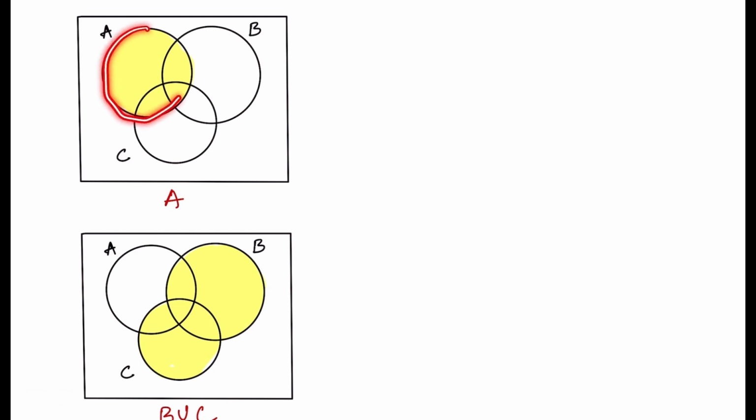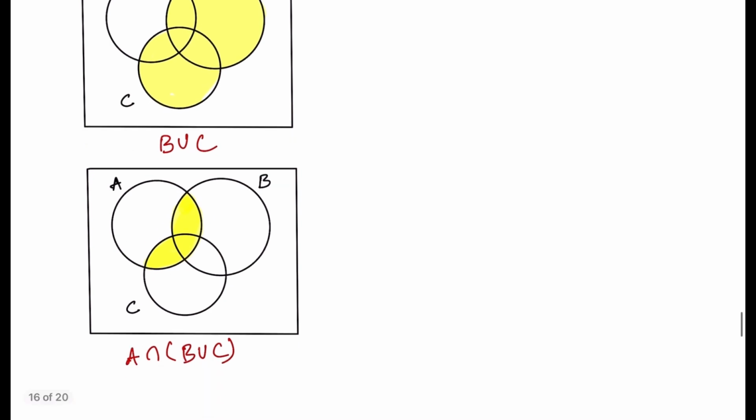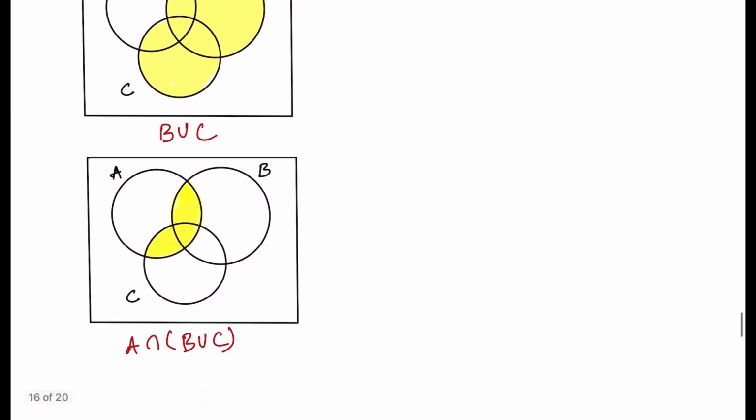First we shaded the region for A, then the region for B union C, then the common region between A and B union C, that is A intersection B union C. Now this is the final shaded region for the left hand side, A intersection B union C.